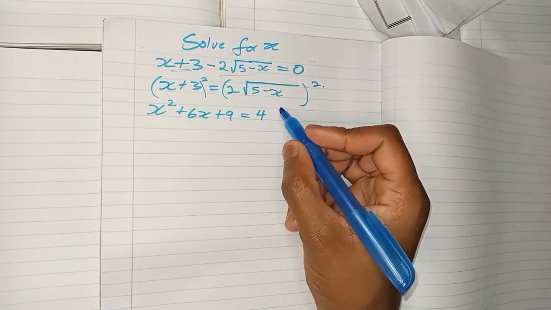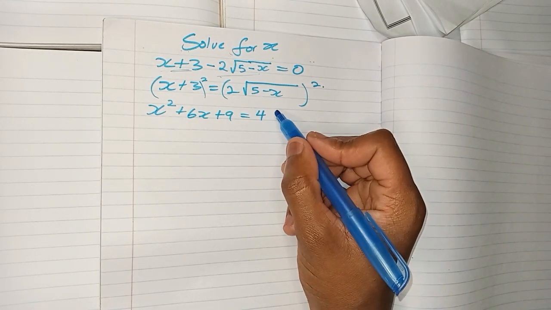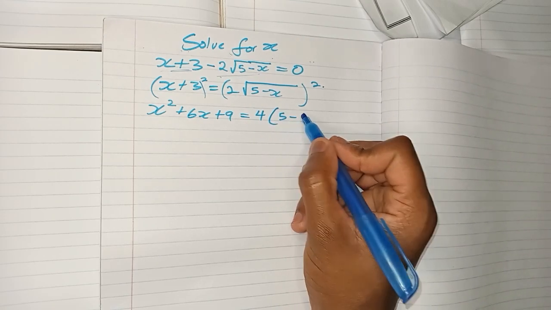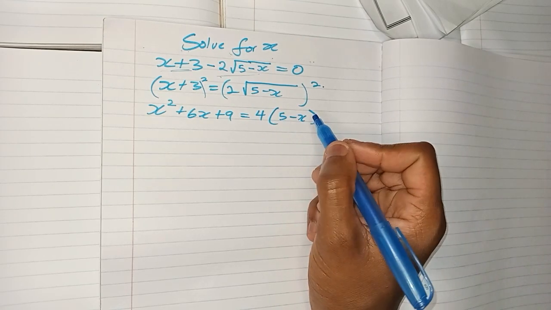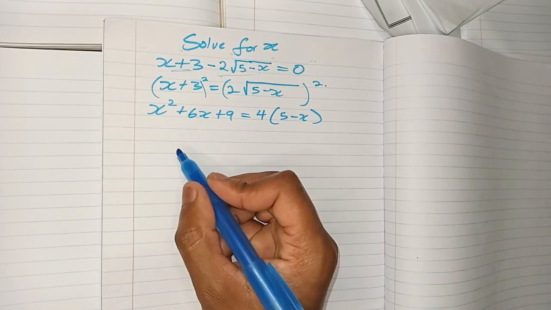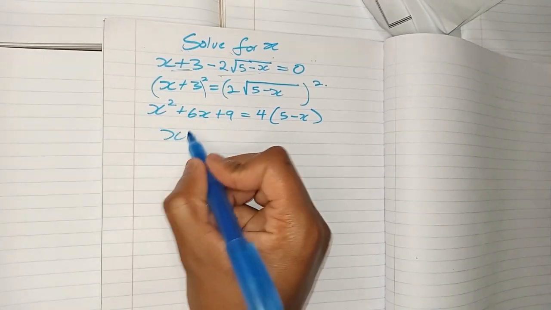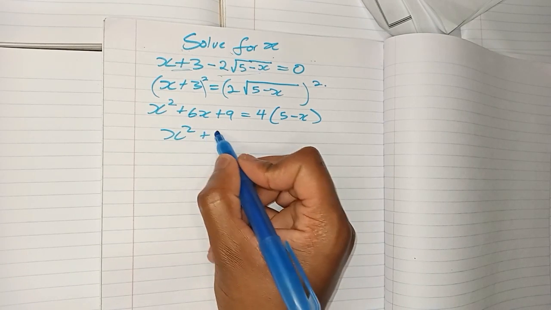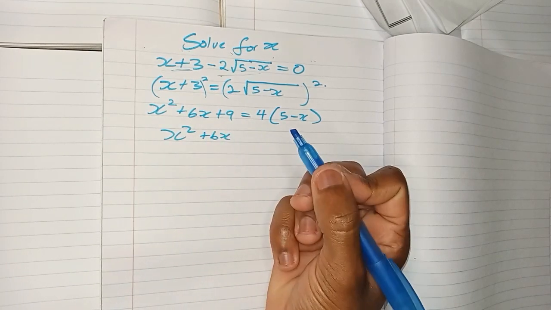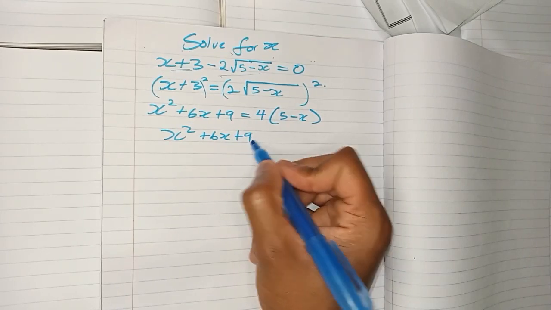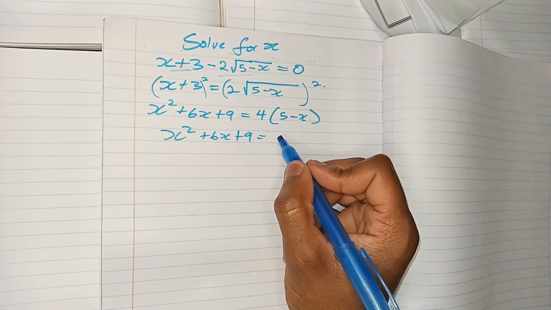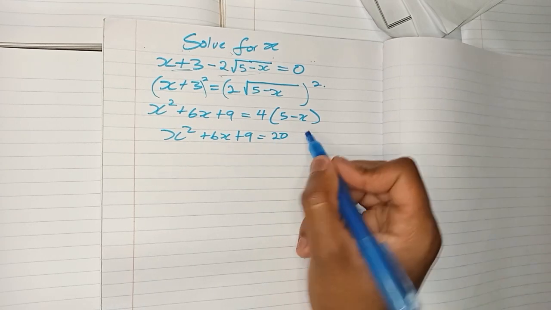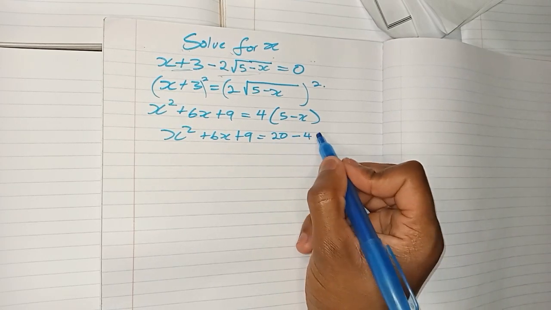So we have ourselves something like this, 5 minus x. Right, so let's see, we have x squared plus 6x and then plus 9 is equal to 4 times 5, which is actually 20, and minus 4x.